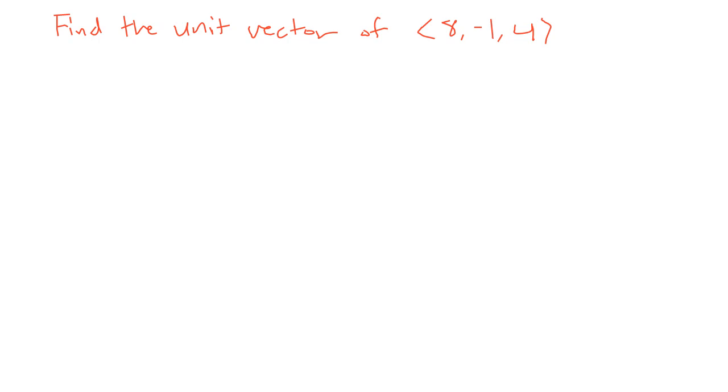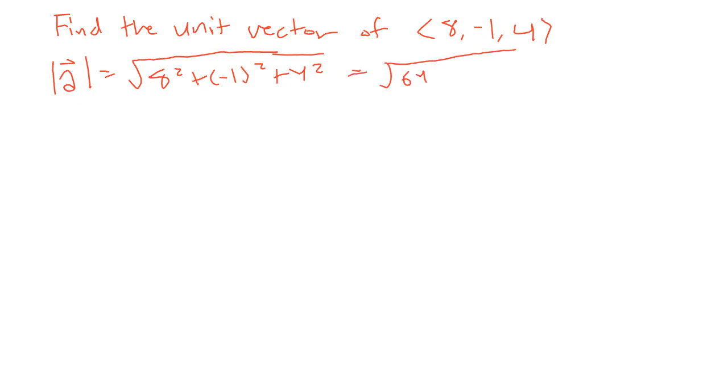What we need to do is first find the magnitude of that vector. So it's going to be the square root of 8 squared plus negative 1 squared plus 4 squared, which is the square root of 64 plus 1 plus 16. That is equal to the square root of 81, which is 9.